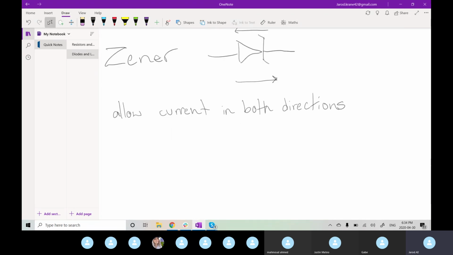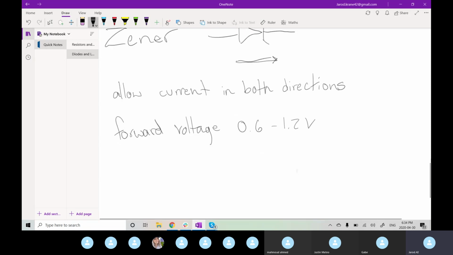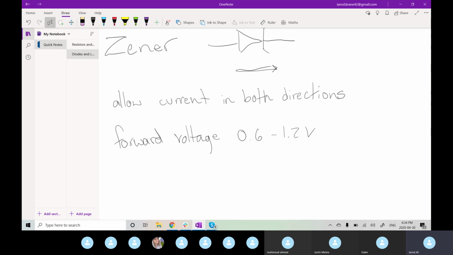The forward voltage is roughly the same as the general, so that's 0.6 to 1.2 volts, typical forward voltages.